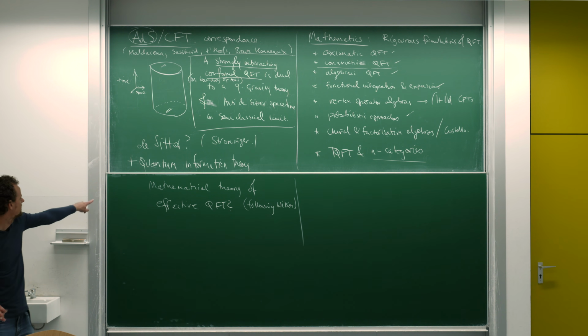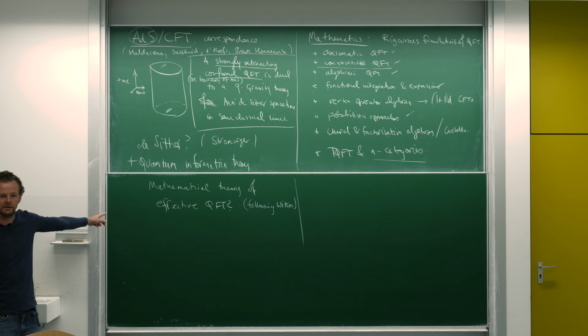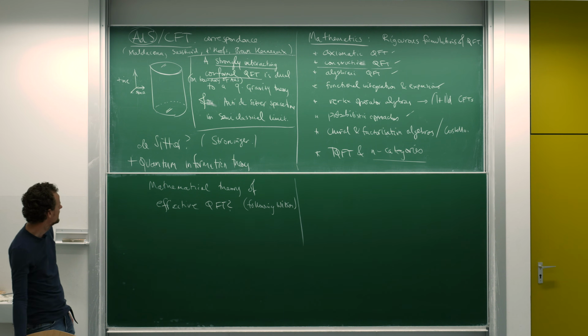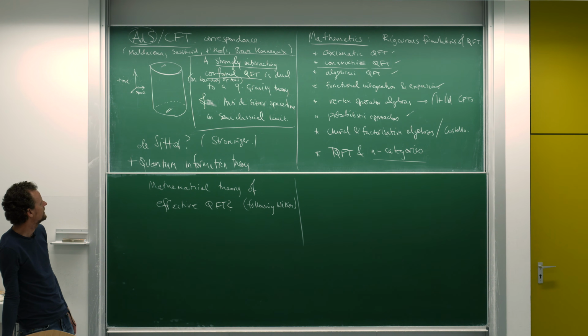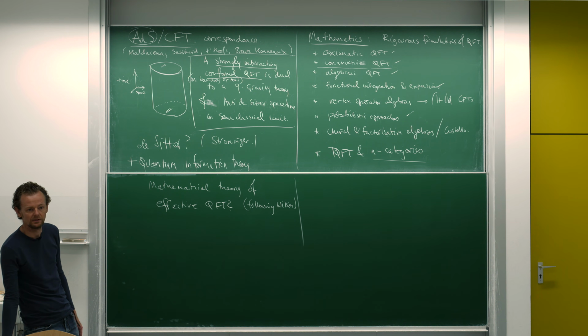But this is really the way physicists work with quantum field theories, so it seems worthwhile to study this direction a bit more, just to make sense of what physicists are actually doing every day. So I think I will leave you at the end of this course with that question: what does a mathematical theory of effective quantum field theory look like?